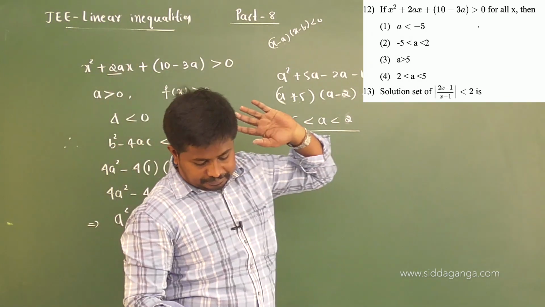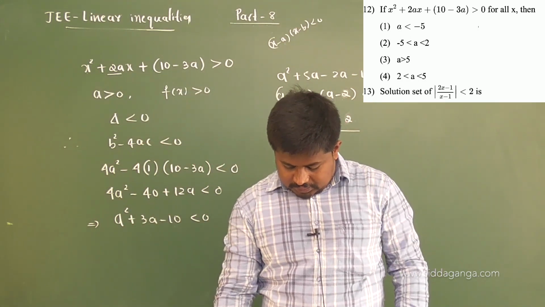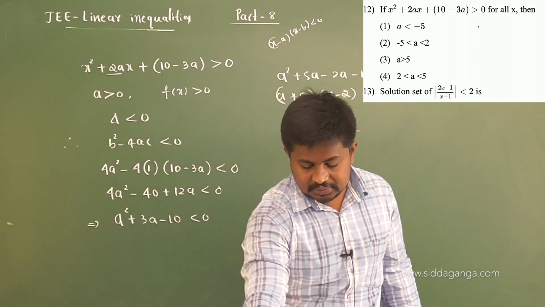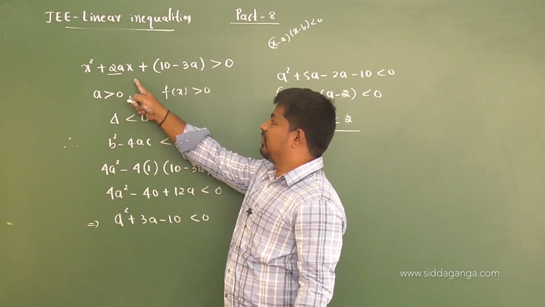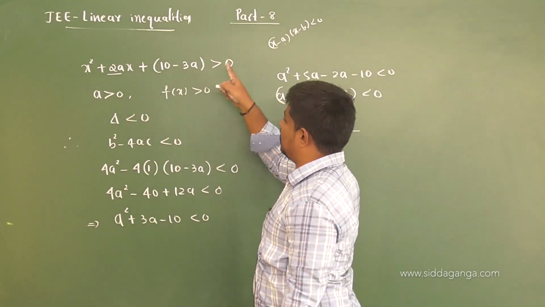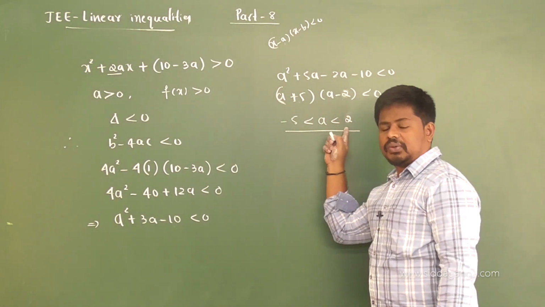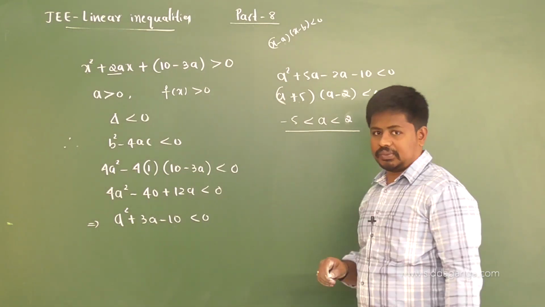So option 2 is the correct one, right. So the question is, there is a quadratic polynomial where a is some constant, and it is always positive only when a lies between minus 5 to plus 2, that is it.